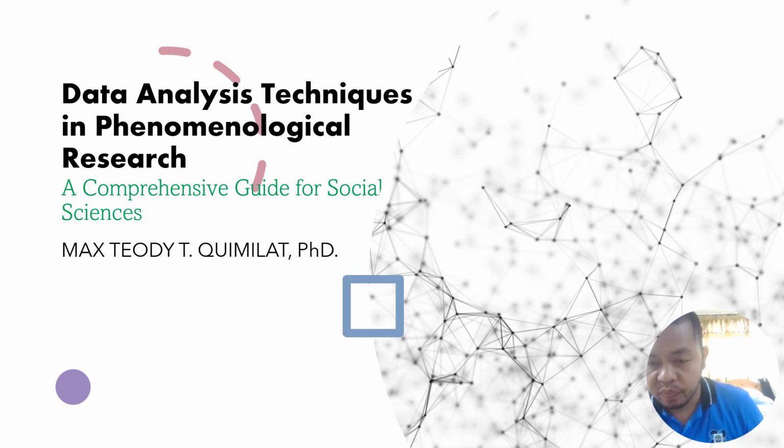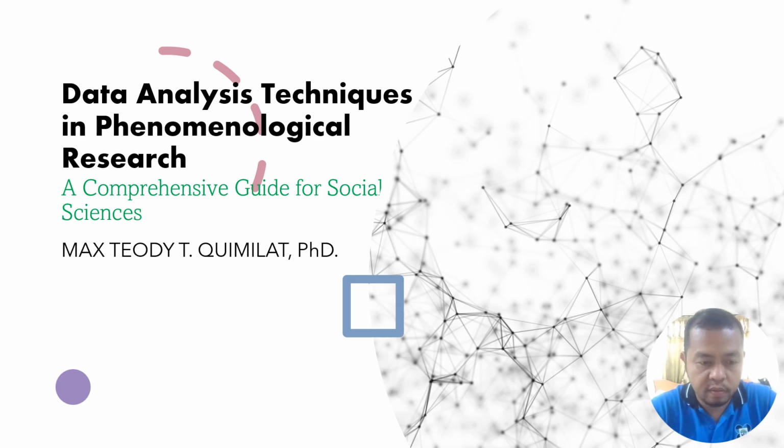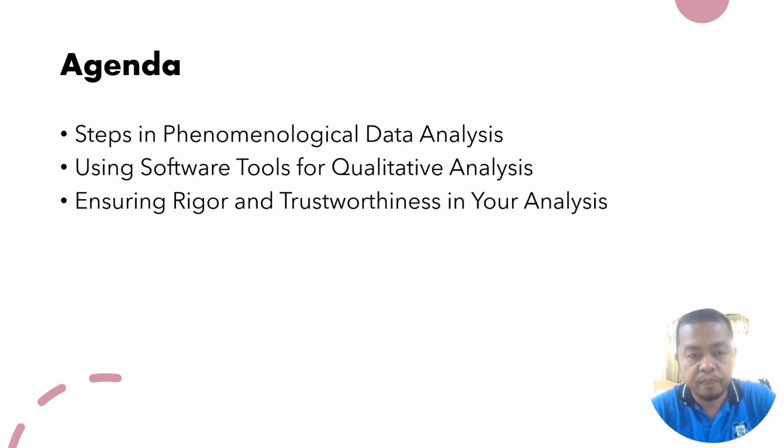And since we are doing this virtually, we'll just have here a step-by-step guide on how you will analyze your data. Considering that you have very rich data, remember that all the interviews, participant observations, and, if you have, field observations are all being transcribed and written down.